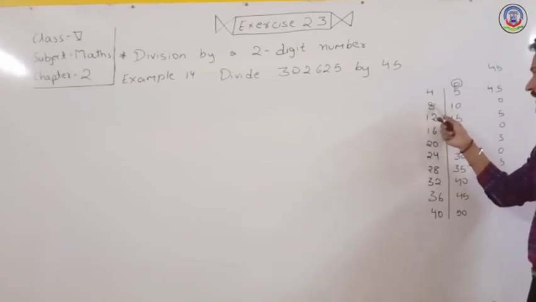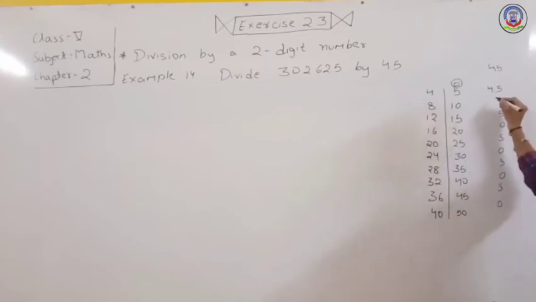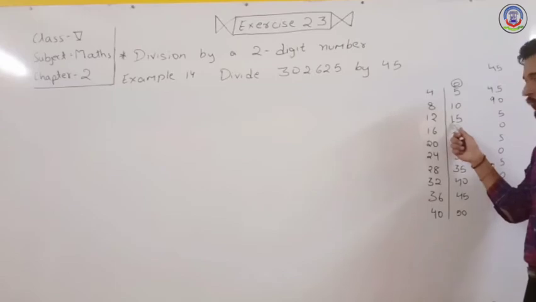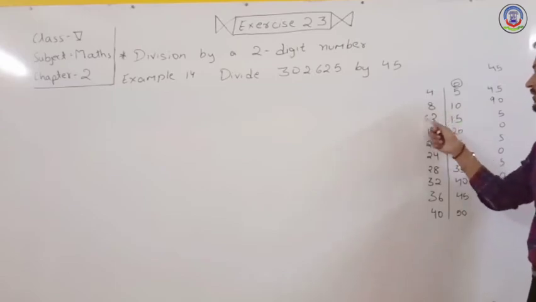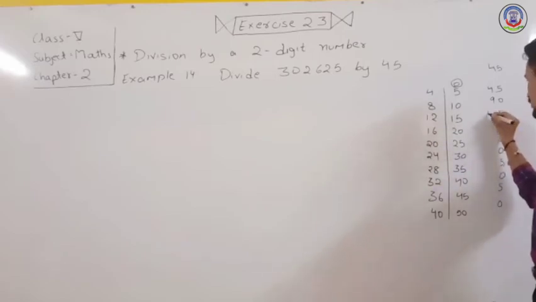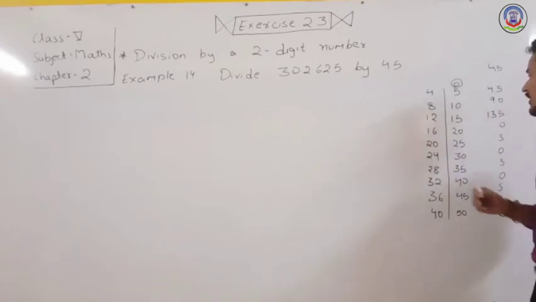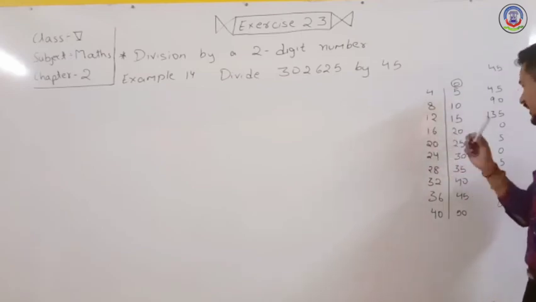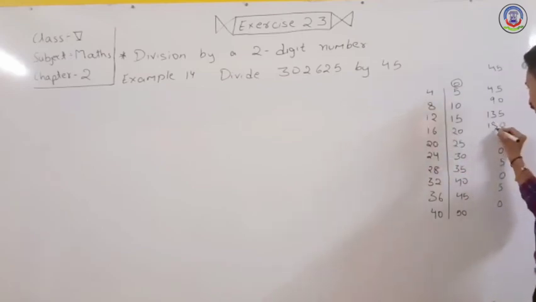8 and 1, so it is 9, so we write here 9. Next we have 1 in tens place of 5 table, so we add 1 and 12, so it is 13, so we write here 13. Next we have 2 and we add 16, so it is 18, so we write 18.